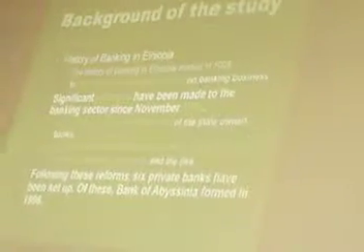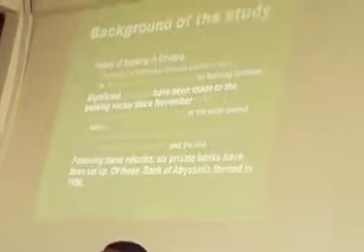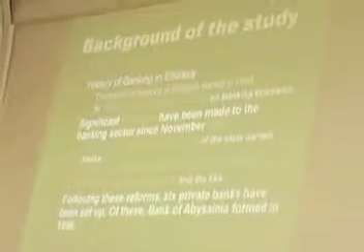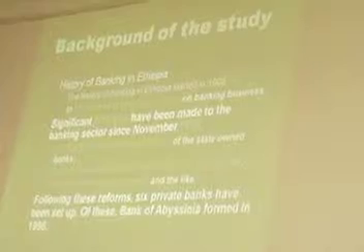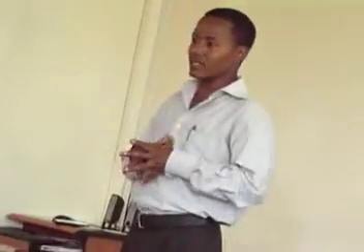When we come to the background of the study, the first point is the history of banking in Ethiopia. When was banking service started in Ethiopia? It was around 1908, during Emperor Menelik, that banking service in Ethiopia was started. And then after, especially under the current government, around 1997, these banks, before that the bank sector was monopolized by the state or the government.